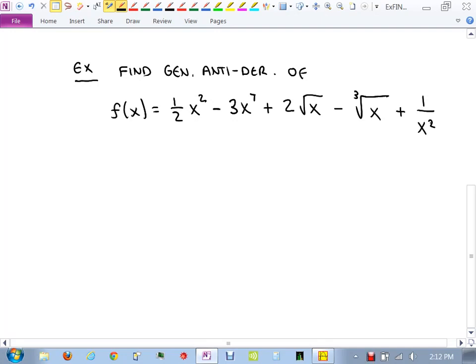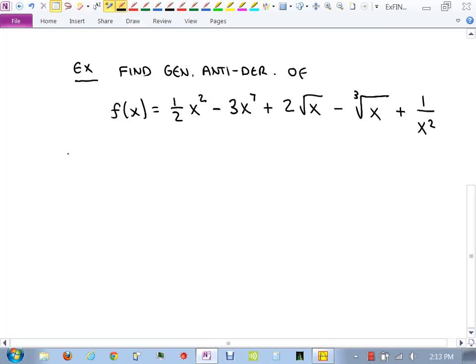No product rule, no quotient rule, no chain rule here. Very, very straightforward. Well, to do antiderivatives, we're going to do the exact same thing. We're going to do the antiderivative of each one separately. And remember that when we had constants in front, we just leave them when we take derivatives? Same thing applies when you do antiderivatives.